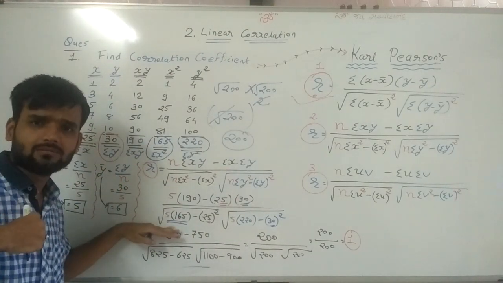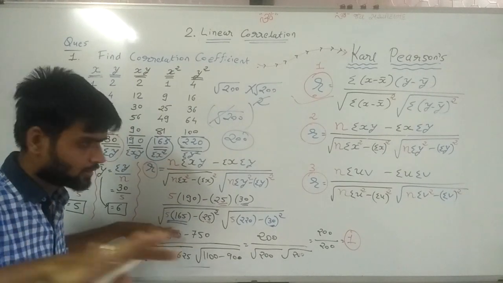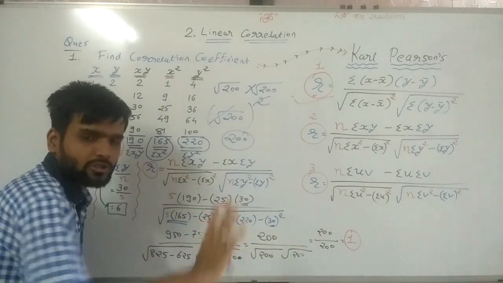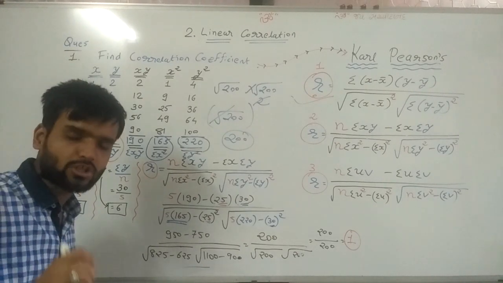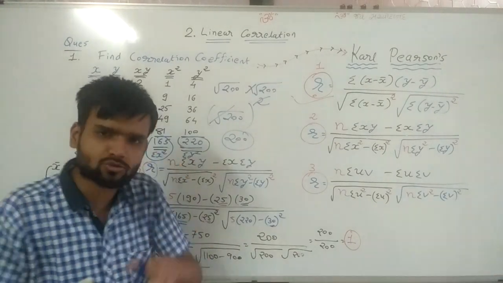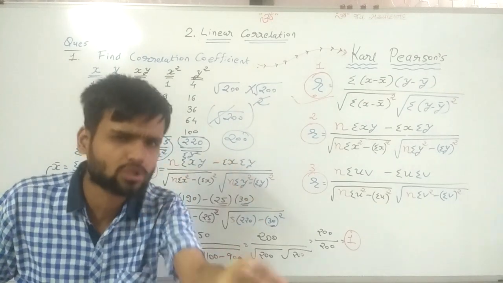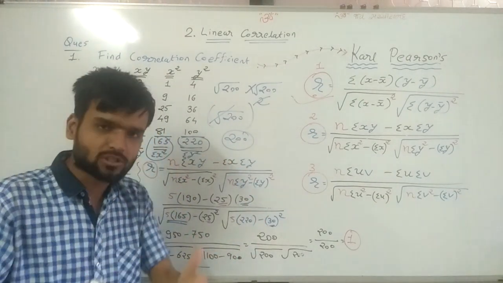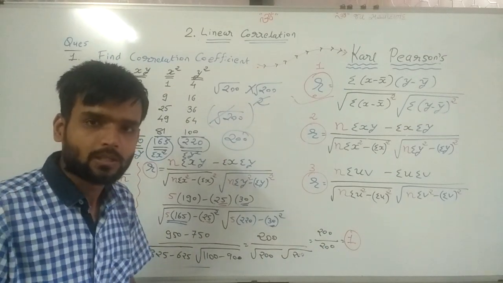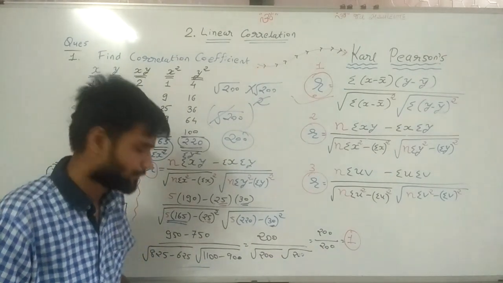Otherwise I could just do the whole sum and you could do it yourself. But I give the explanation because of those students, whatever number of students there are, so they can easily understand in which steps we need to go ahead. That's why I am giving these steps also.